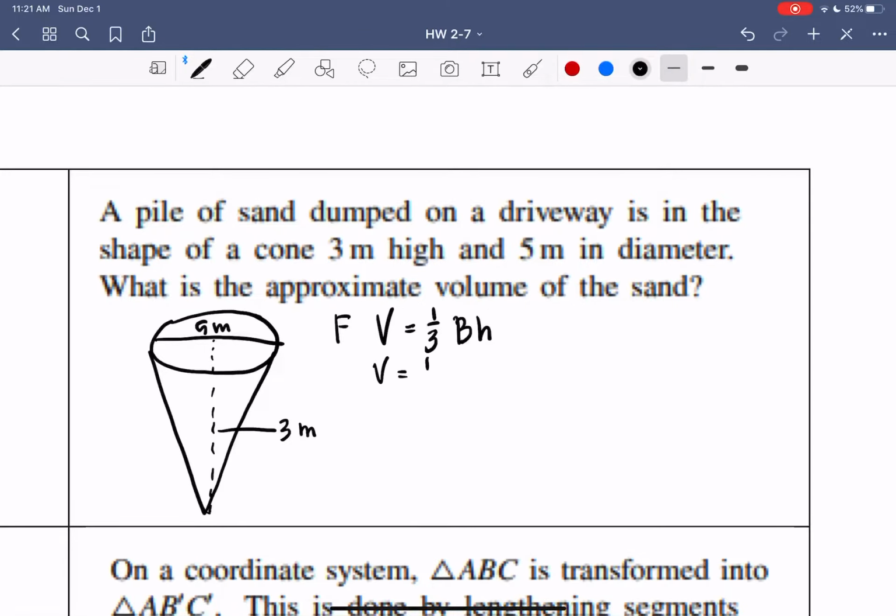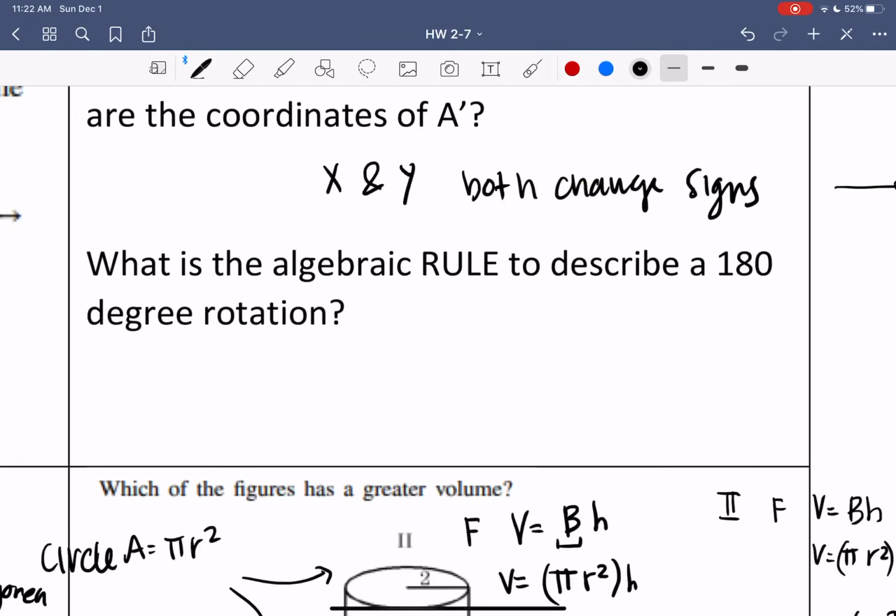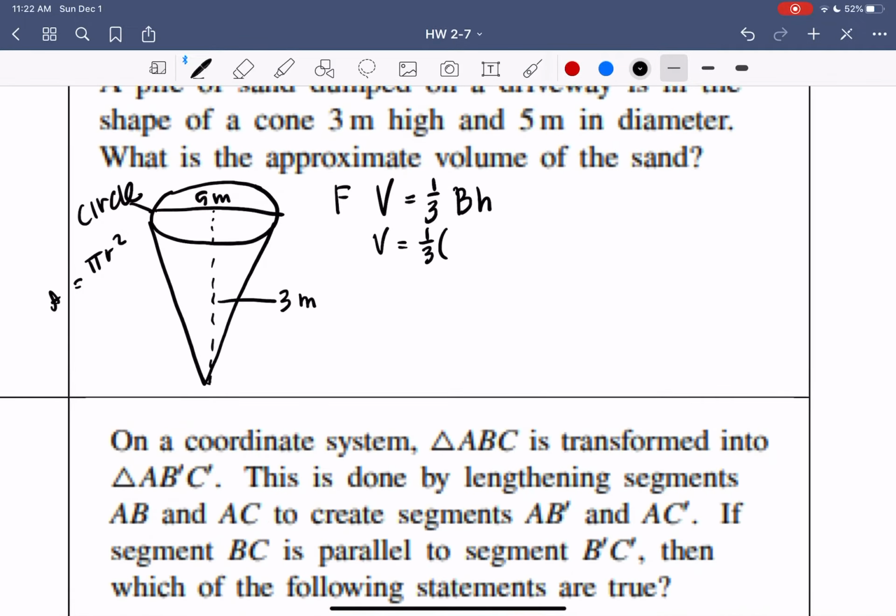So I'm going to rewrite 1/3, and since we still have a circle as our base, pi r squared equals our area. Pi r squared, and then H. So when we substitute, we're going to have volume equals 1/3 pi times, remember, again, this is our diameter, so we have to divide that by 2.